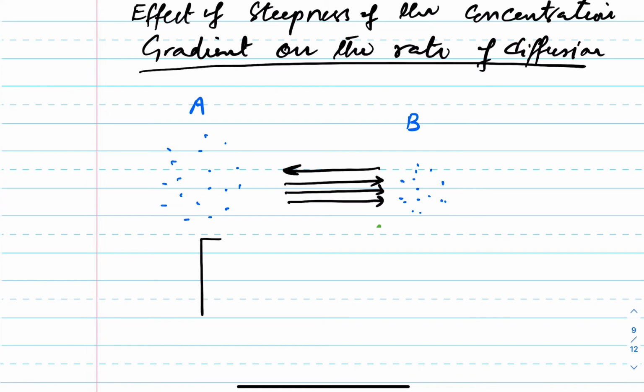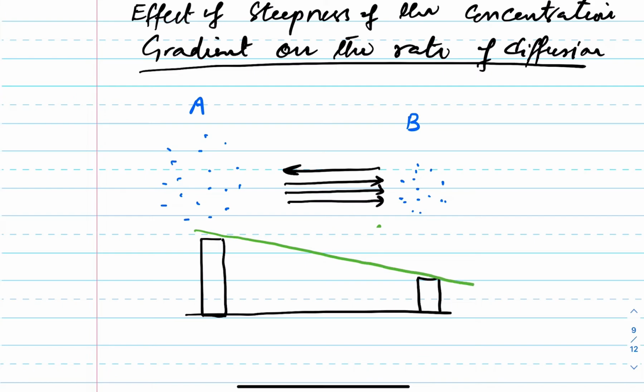If there is higher concentration on the A side and lower concentration on the B side, this would have a concentration gradient. So molecules will move from A to B, down the concentration gradient, without the use of energy.